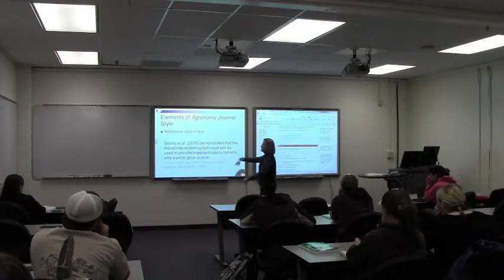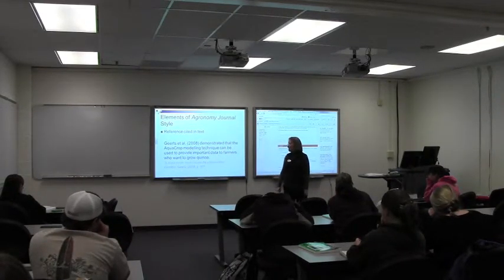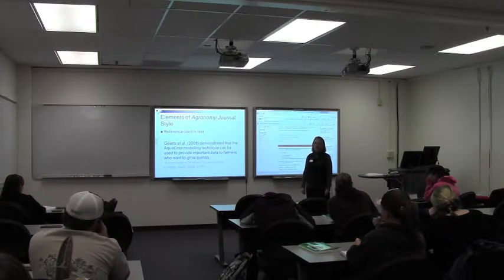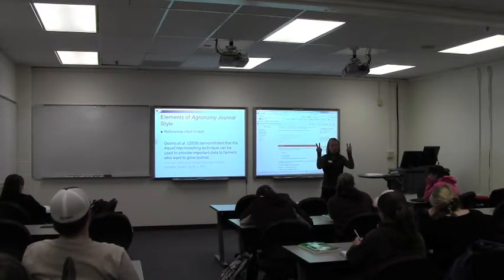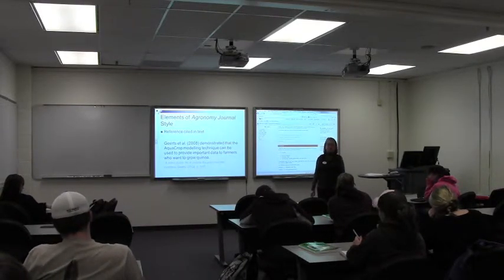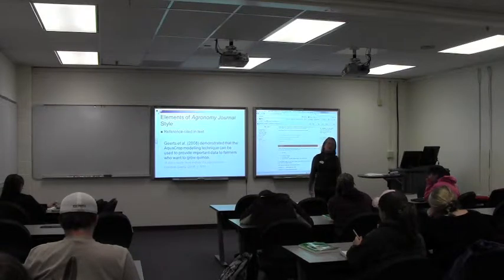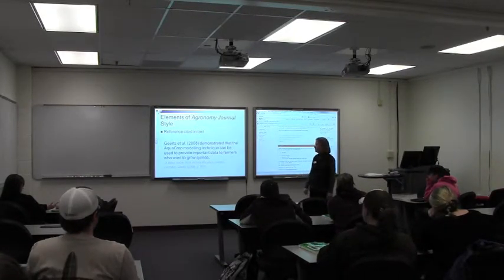If you use their name in the sentence, then all you need is the date in parentheses, okay? And then if you're quoting anything, sometimes people want to quote the whole thing, then you have to have the page number. If there is a page number. Now, if you're using a website, there's no page number, so you don't have to worry about it. Okay?